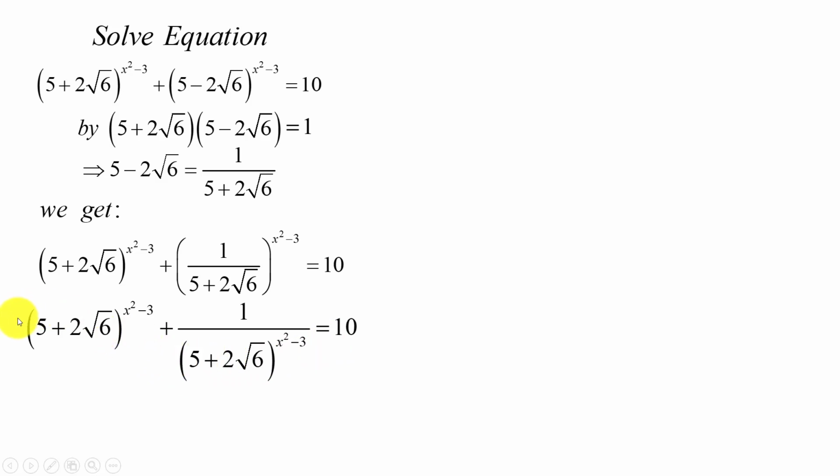Now we see 5 plus 2 square root 6 all power x squared minus 3, and this also is like this. They are the same. So to solve this, we must substitute (5 plus 2 square root 6) all power x squared minus 3 by t. That t is positive because it's an exponential function.